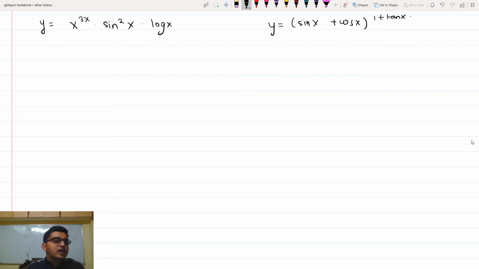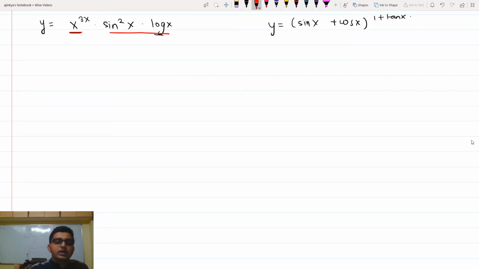So we'll start with this first example, which is y equals x raised to 3x times sine square x times log x. Now if you watch carefully, you can actually apply product rule over here by taking two terms at the same time. So you can take x raised to 3x as u, and then you can take sine square x times log x as v.